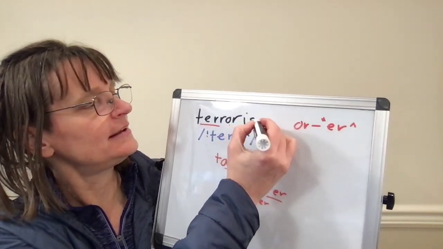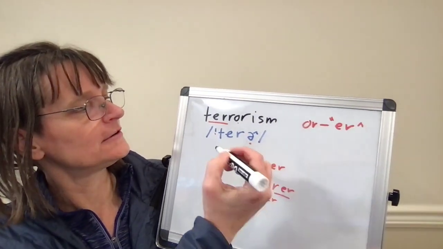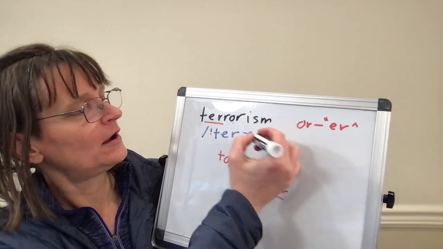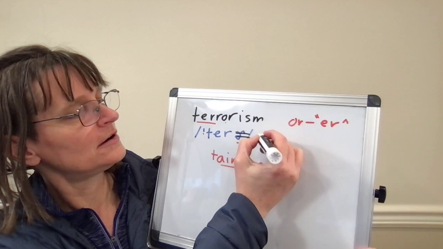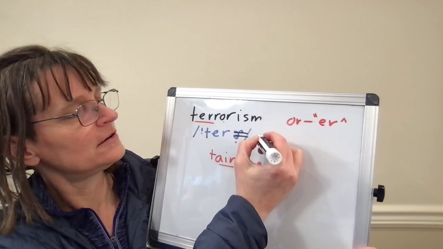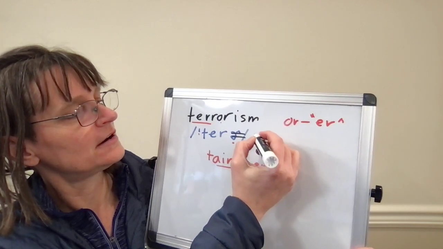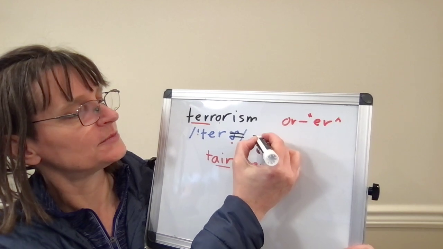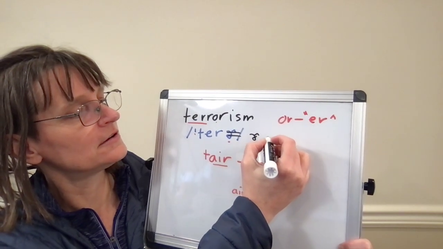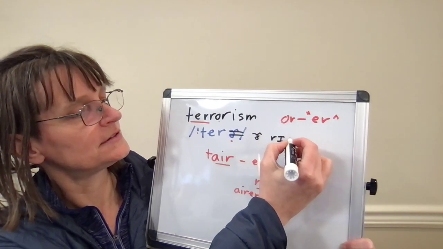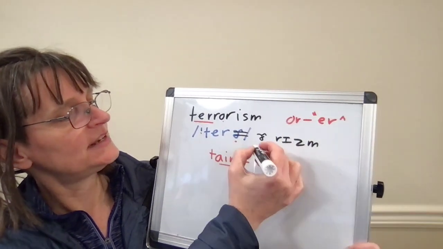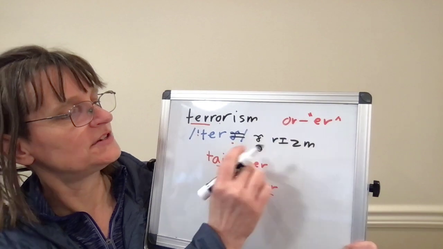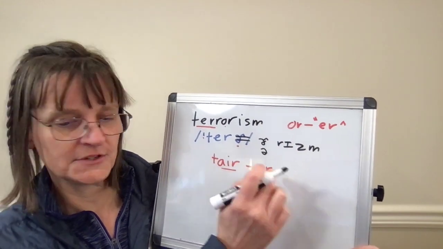So when we add the ism, I will look at that as being more like terrorism. I guess we still do have that terror. You might see it in the dictionary with the schwa here, terrorism.